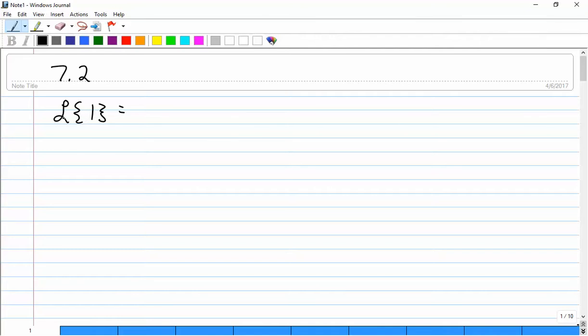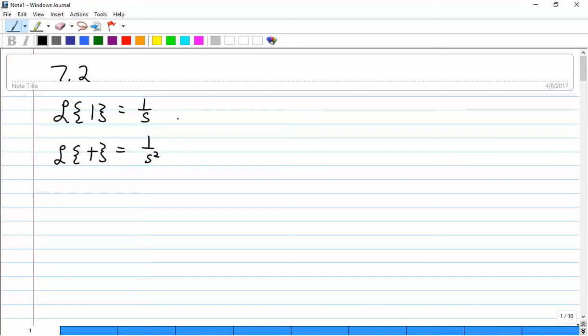We said that for the Laplace transform, we went over about 6 formulas, but I'm going to write down the 2 simplest that we went over. The Laplace transform of 1 is 1 over s, and the Laplace transform of t is 1 over s squared.